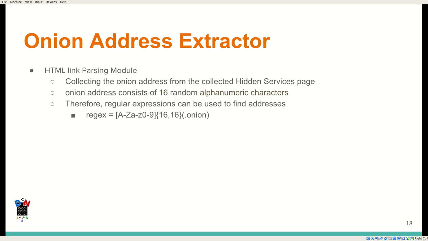The onion addresses of these hidden services are found in the internal links of the dark web. The onion address extractor finds new onion addresses from the dark web. The HTML link parsing module finds new onion addresses from the corrected hidden service pages.